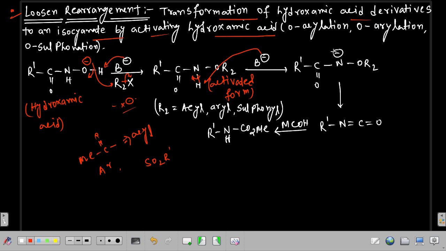Next, this anion will shift to this bond, and this alkyl carbon will shift to this nitrogen, and there will be removal of the R2O minus, and it leads to the formation of the isocyanate. In presence of methanol, methanol will attack on the carbon, and this bond will break, and it leads to the formation of an amide.